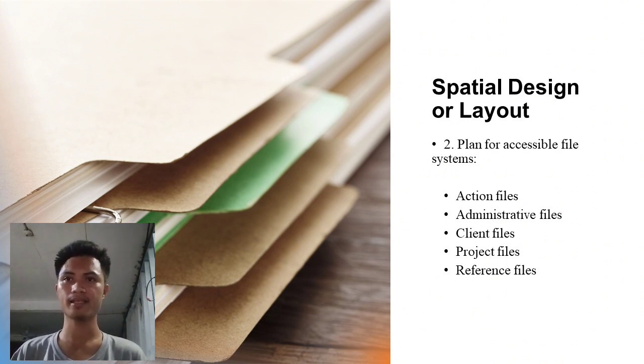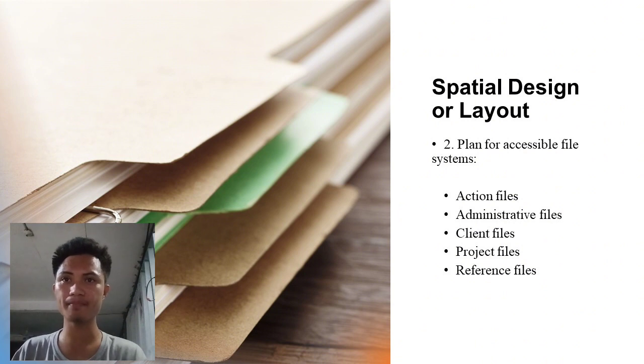Action files: set up a digital folder structure for action files. These can include folders for each department or functional area where action files are generated. Naming conventions: establish clear naming conventions for files or folders.